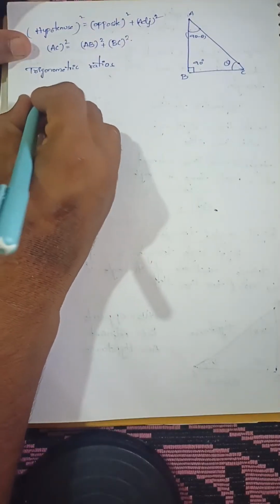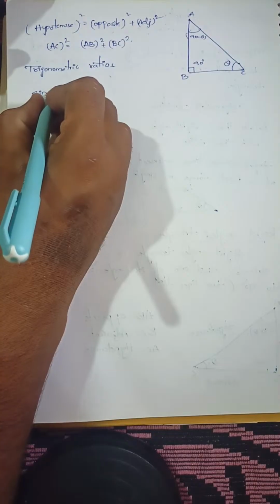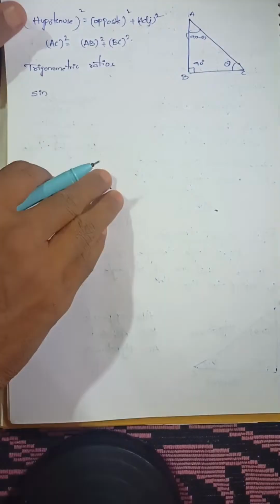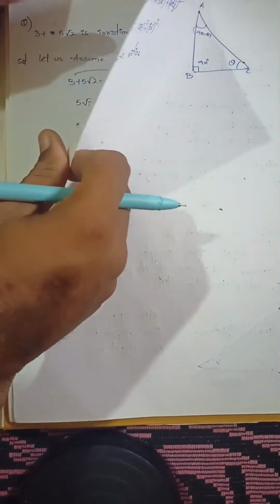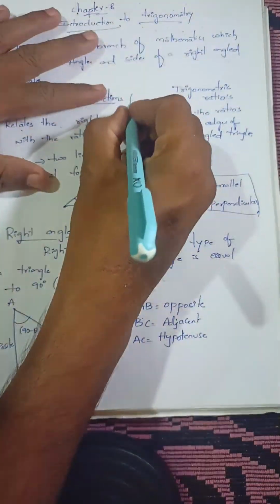First, what are the trigonometric functions? Before going to write the trigonometric ratios, we are going to write the trigonometric functions. So once I go back to the page, here I'm going to write all the values of the trigonometric functions.